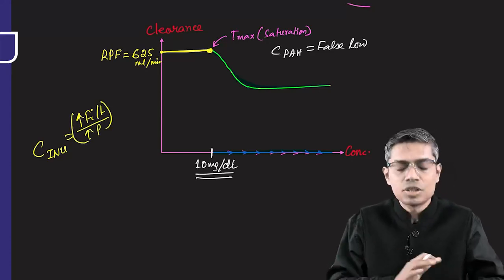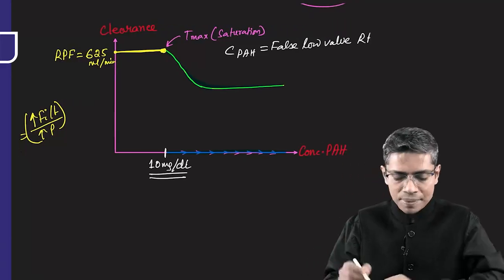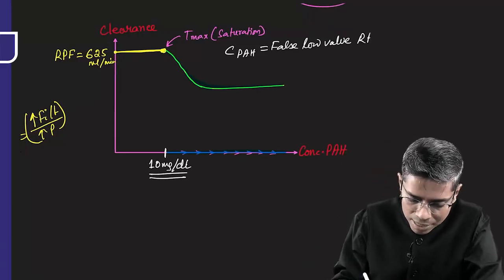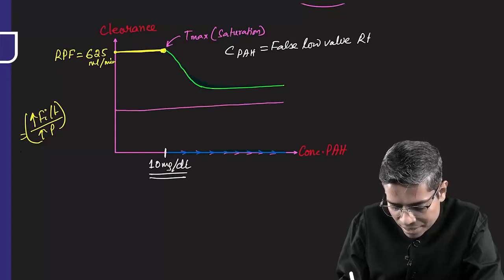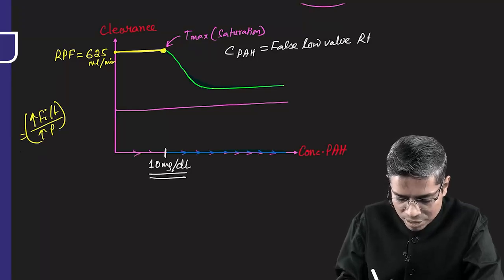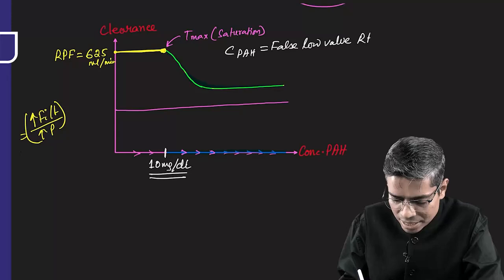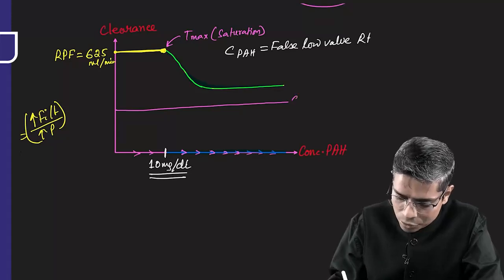So the ratio will remain constant. So the clearance curve of inulin is a simple straight flat line, irrespective of the plasma concentration. Whenever your plasma concentration is rising, inulin clearance is not going to change.